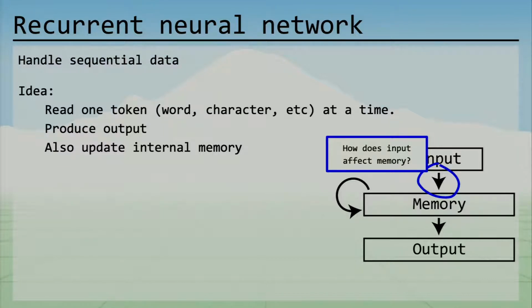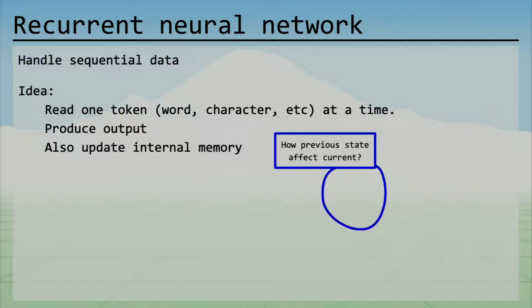So there are a number of different things that you can think about. This is a very general purpose, very basic setup for a recurrent neural network. There are a number of tunable parameters with something like this. One thing you can think of is, how should we change our memory with respect to our input? What kinds of processing should we do to our input to come up with some changes to our memory?